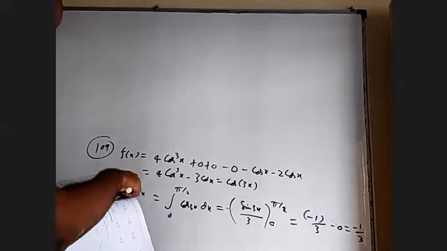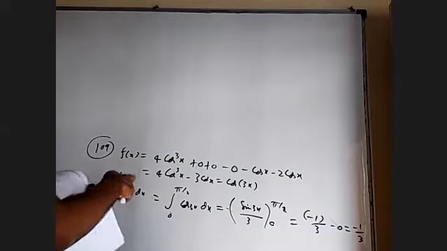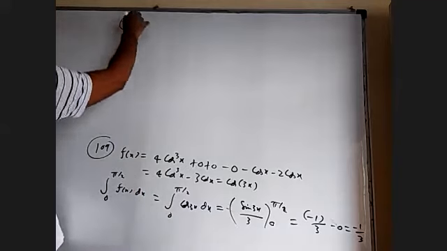We'll use some properties of determinants, try to get a few zeros here and there, and somehow expand only, and then find the integration. That's it.